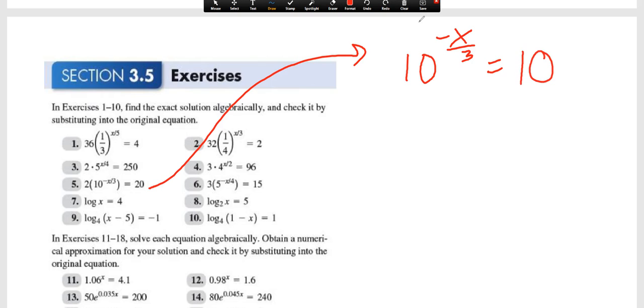Oh, hopefully we got 10. What do we know about negative x over 3? What does negative x over 3 equal? 1. That's right, because right up here, boom, is a 1. Thank you very much.